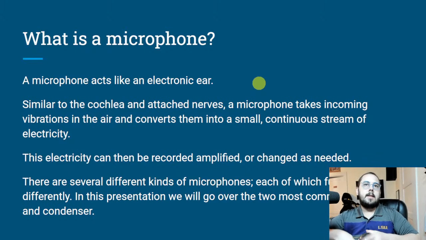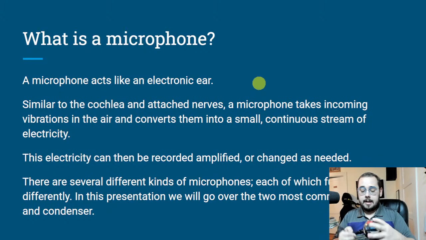So as I'm doing this, basically, the microphone picks up the incoming vibrations from the air and converts them into a small continuous stream of electricity. This varies. I'm giving up trying to take this off the stand. It doesn't want to do it. I need a better grip on the things.